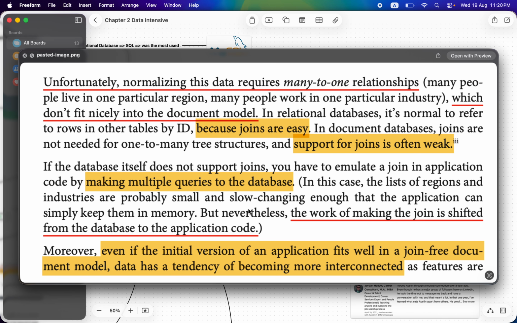Okay, just to be clear. To handle this, you would usually make multiple queries to the database, and you would shift the work from the query optimizer side, like using joins in the relational model, to your application code.